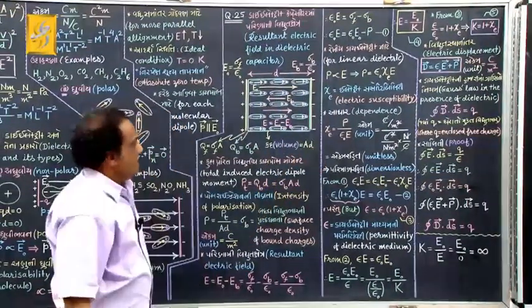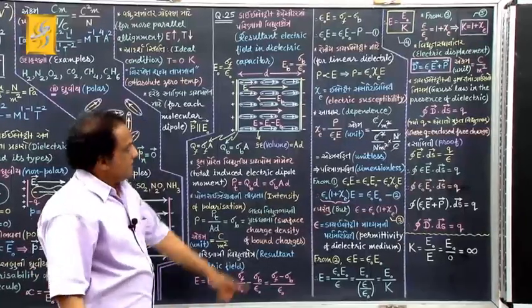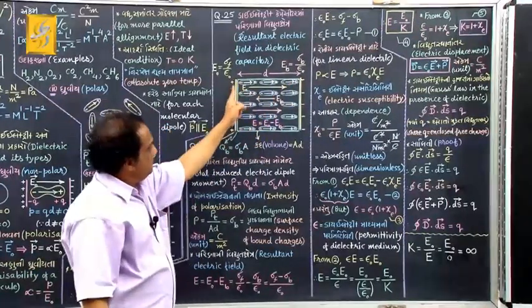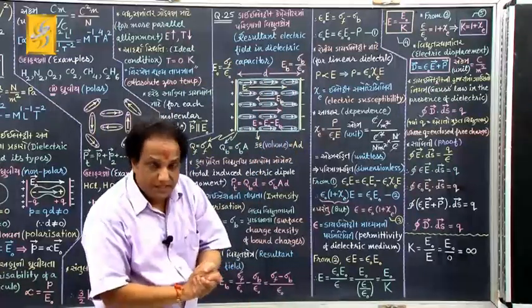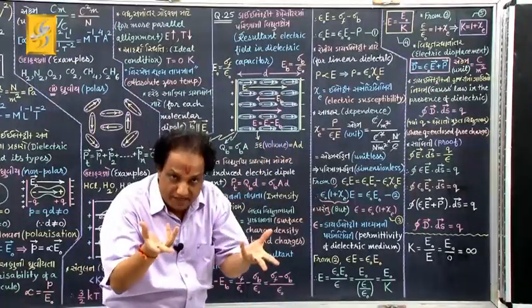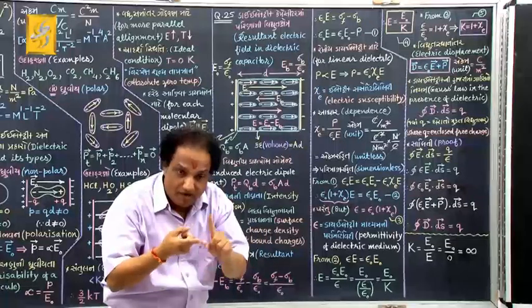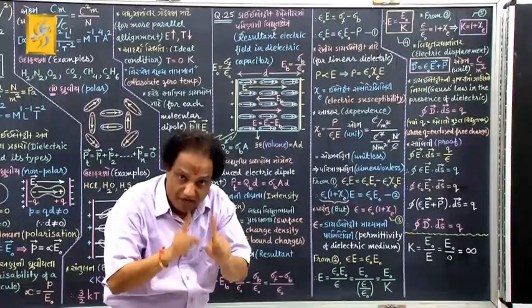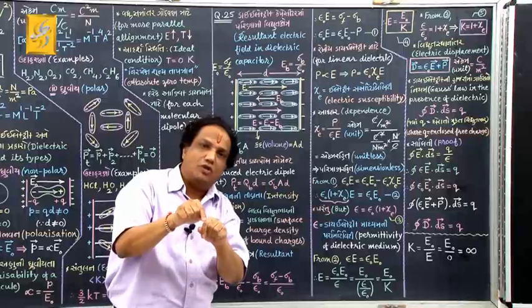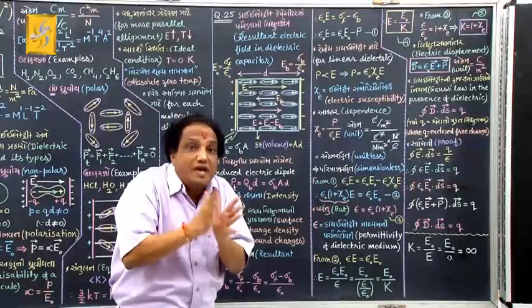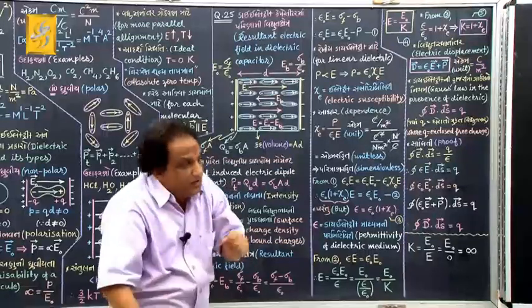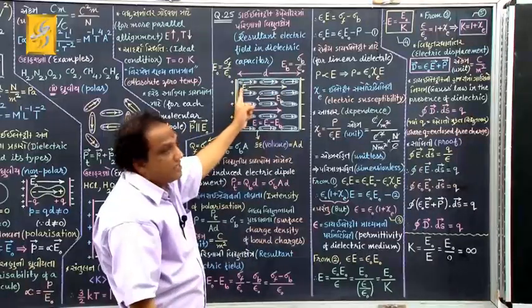Fine. Now what will happen? In this dielectric medium, there are atomic dipoles, correct? If it is a polar dielectric, each atomic dipole will have electric dipole moment right from the beginning. If it is non-polar, then some induced electric dipole moment will be there, because we have applied this external electric field.